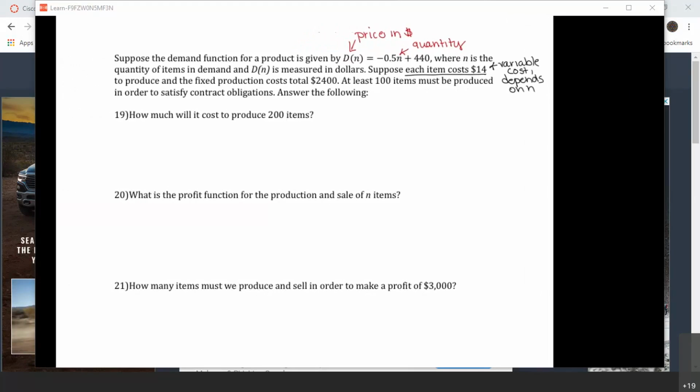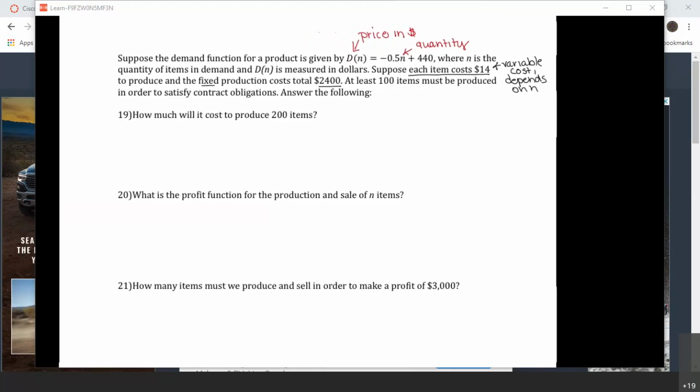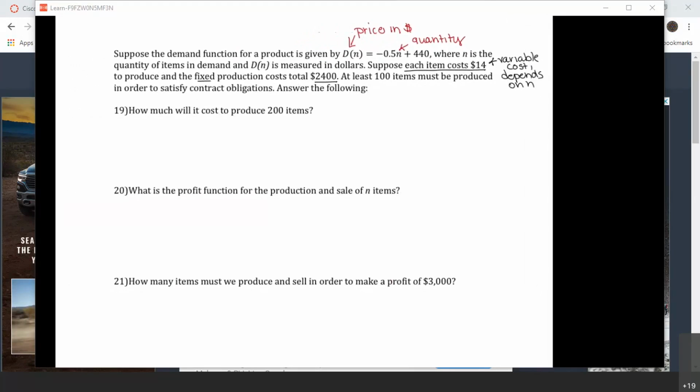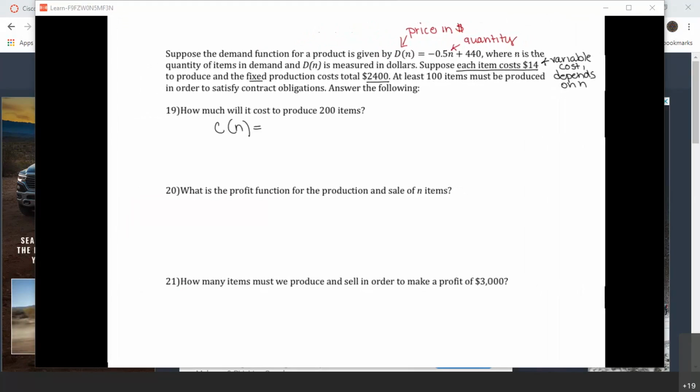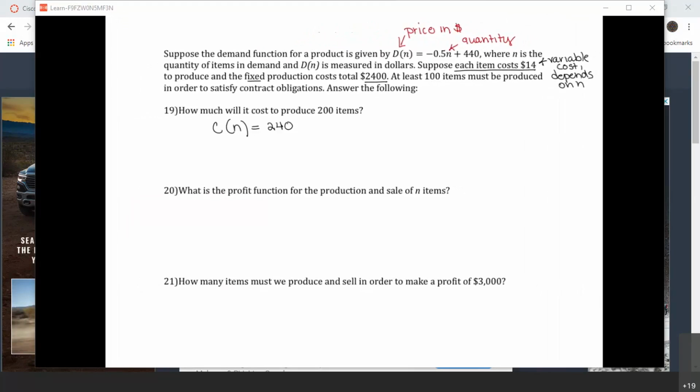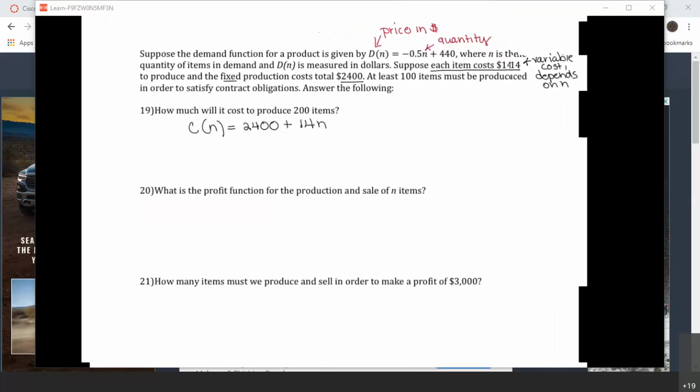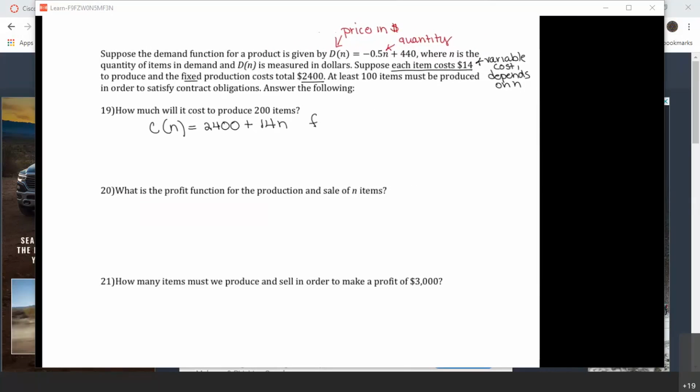So this is a number, just a constant. So if you want to figure out costs as a function of n, it's your fixed cost plus your variable cost. Okay, fixed plus variable. All right, we good?